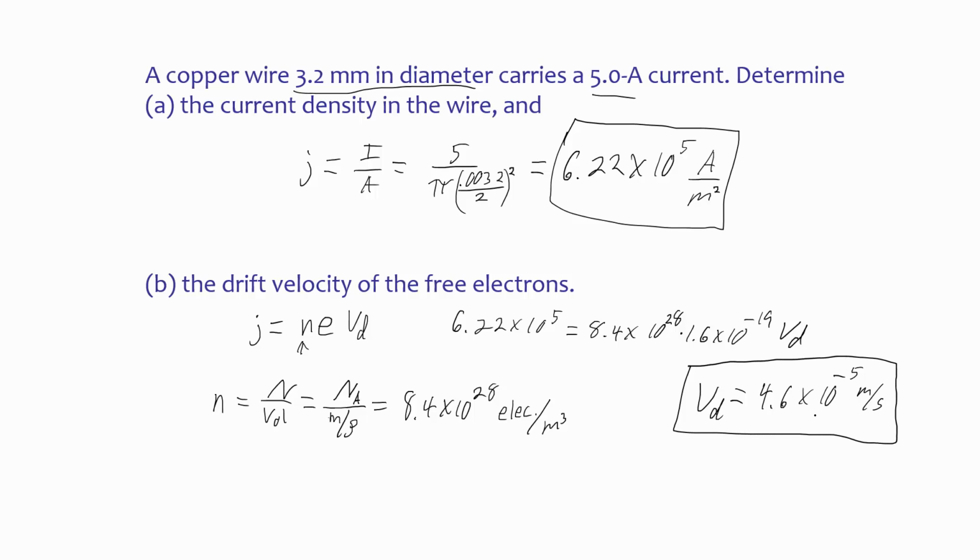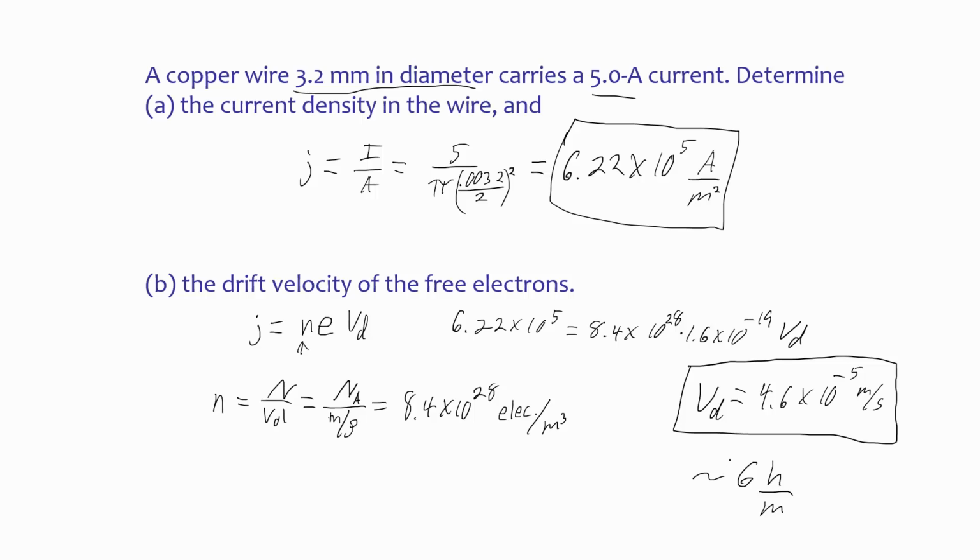If you invert this, so you have seconds per meter, and then convert it to hours, it works out to be about 6 hours for the electrons to travel 1 meter down a wire. So even though they're bouncing around at crazy speeds, the actual progress they make down the wire is small.